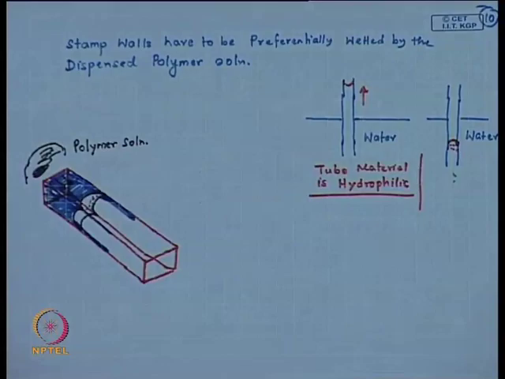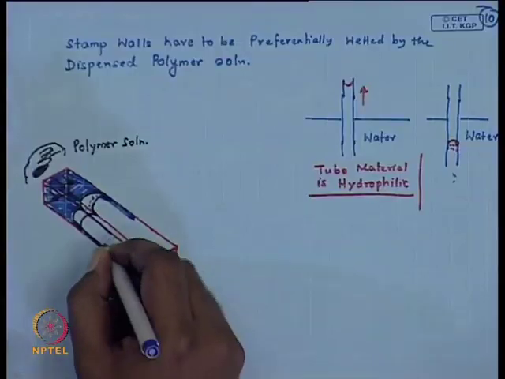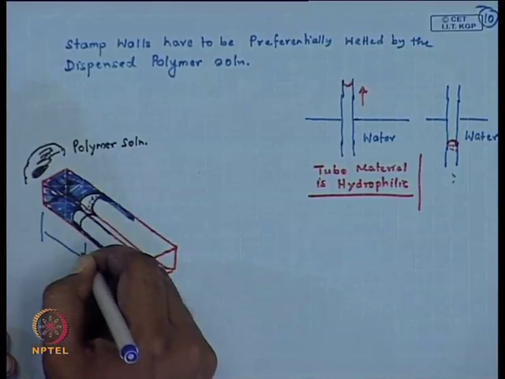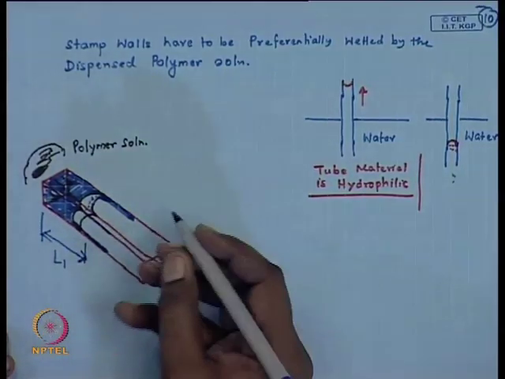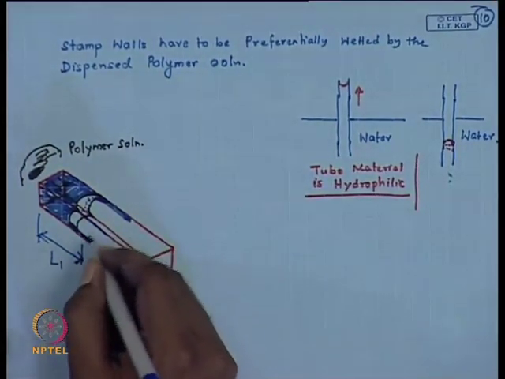So, what it implies is, how long is it going to take for this meniscus to travel and fill up? In other words, let us say at a location L1, if you are in the early stages of the pattern replication process, you might not have a complete pore filling.